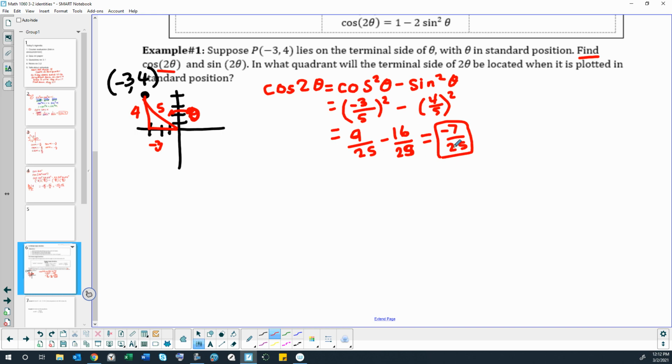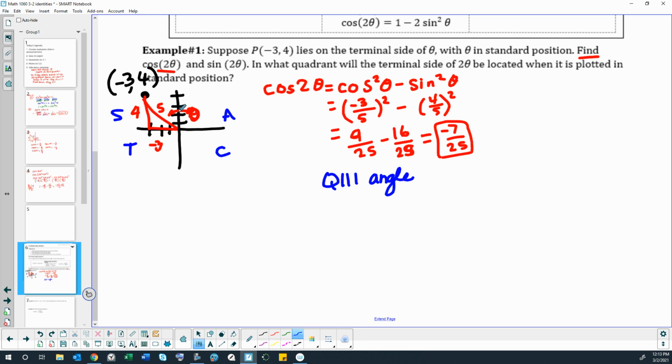Since this answer is negative, where is that angle going to be? Fourth quadrant cosine is positive. This answer is negative. What does that tell us about this angle? It's probably going to be a quadrant 3 angle.